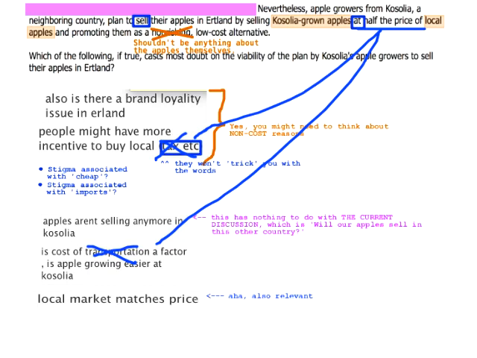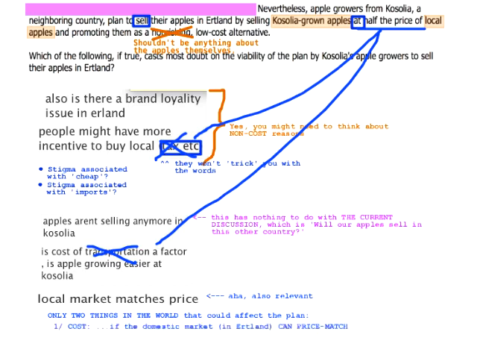There are only two ways in the world that could affect this plan, which are, number one, cost. And since we know the cost of the imported apples is going to be low, the only cost factor that matters is if the domestic market in this country of Earthland can price match, if they can lower the price accordingly.